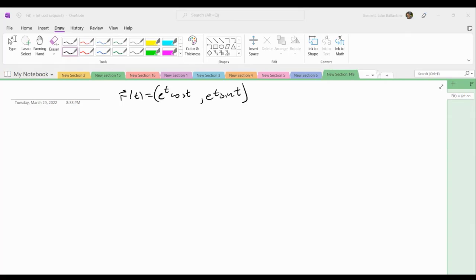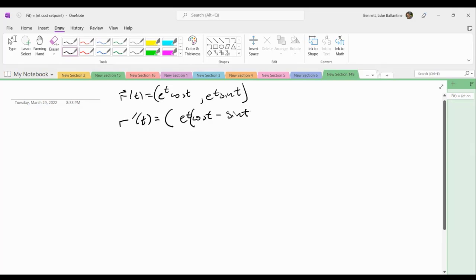So, yeah, we have this, and we want to find t. r prime of t is e to the t times (cosine t minus sine t), and e to the t times (sine t plus cosine t).